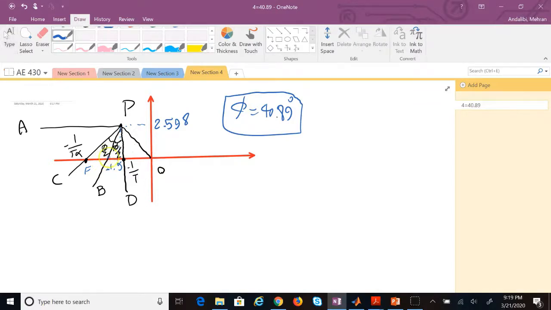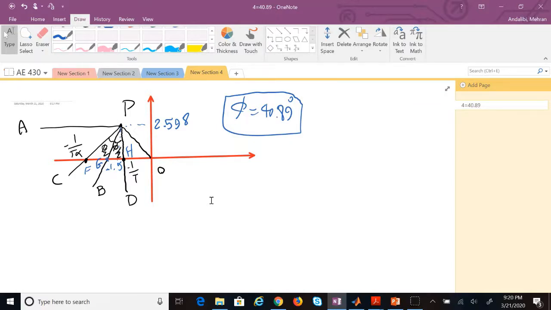Let me make sure this G is readable. So that point is G and this point is H. Okay, so if I ask you what is G, what would you say?